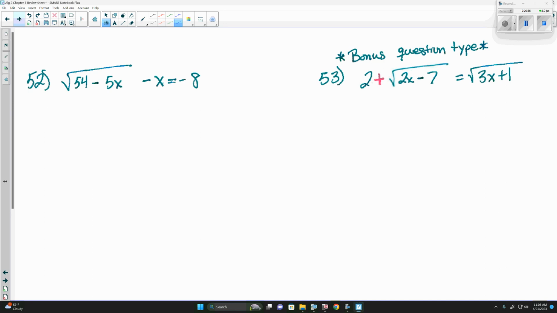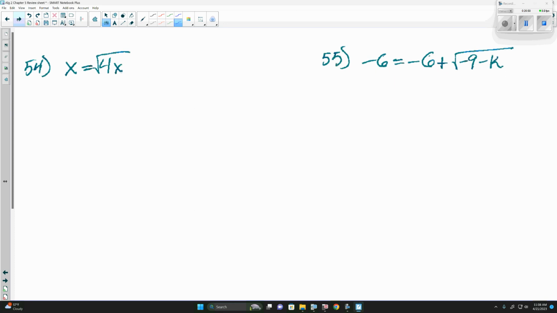So are we good with problem 52? Because 52 will be very similar to 50, because we would add x and then go from there. If we're good with these two, questions on 54 and 55. Questions on 54 or 55.